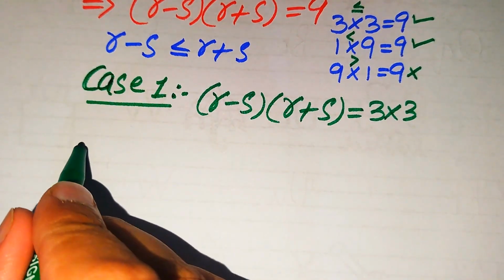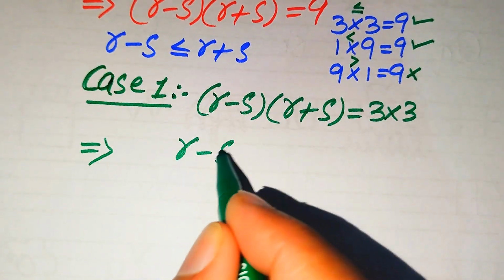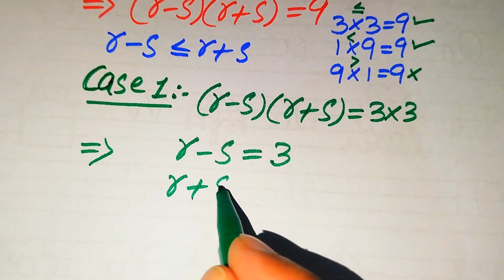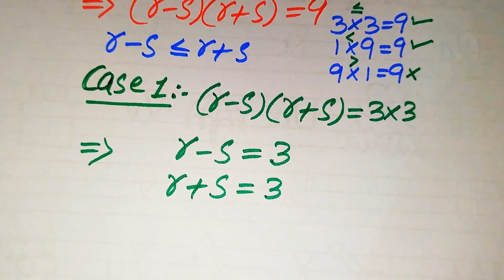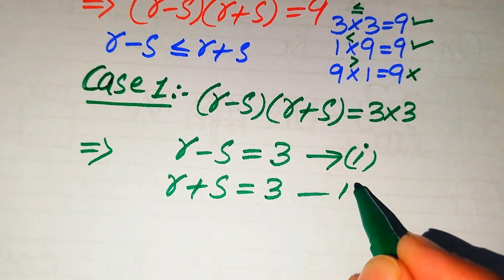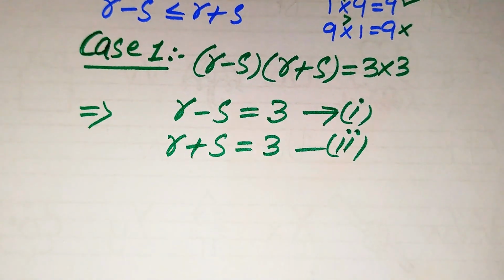And now in the next step we compare both of the sides, and we write r minus s equals 3, and the second equation, r plus s, is also equal to 3. We call this equation number 1 and this equation number 2. So for the values of r and s we need to solve these two simultaneous equations.